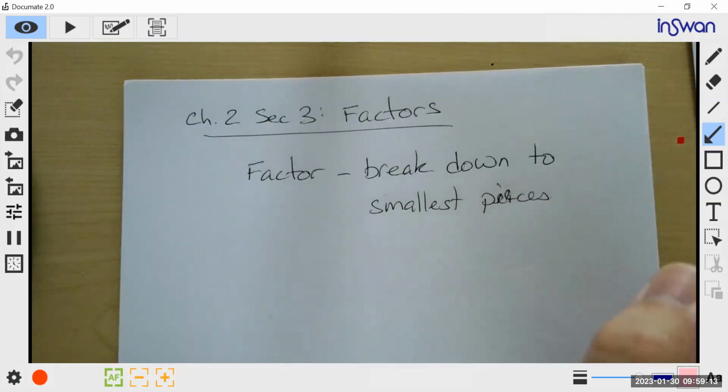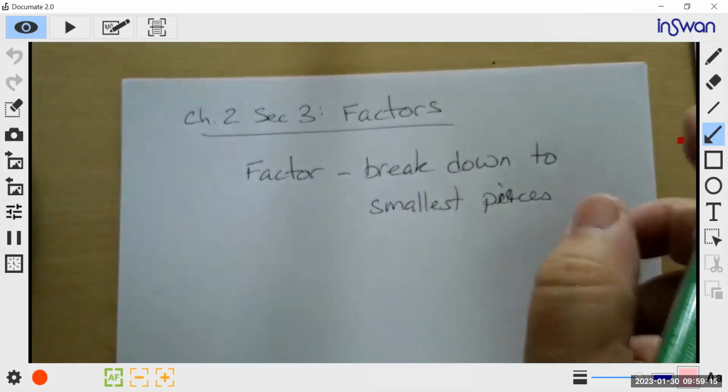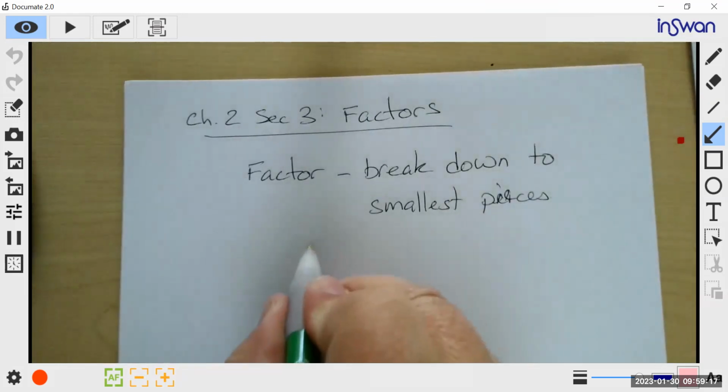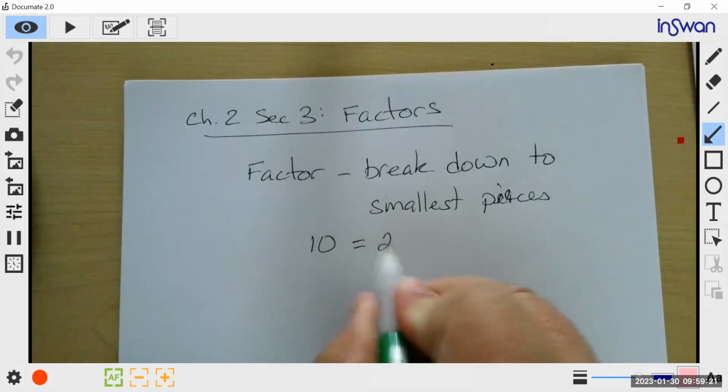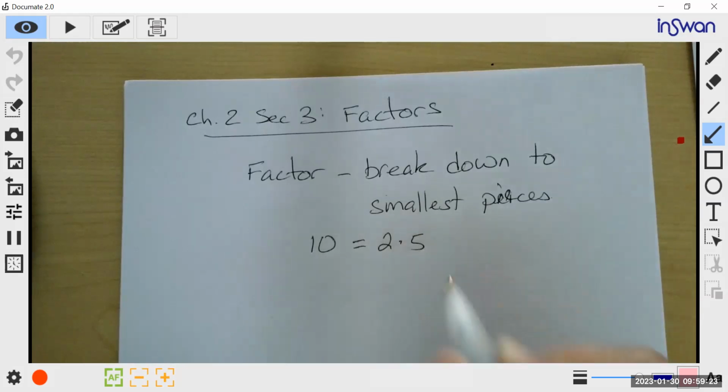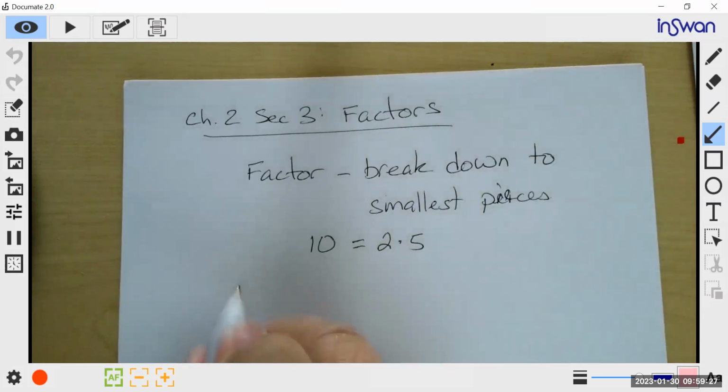P-I-E-C-E-S. So for example, the number 10 is made up of 2 times 5, and they can't go any further. So you have prime numbers.